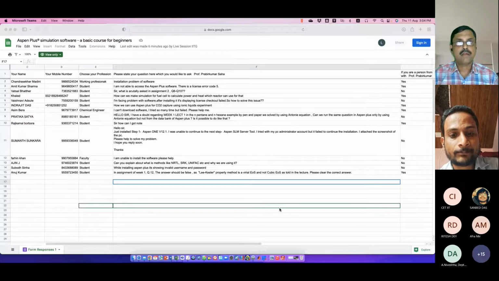By now, you might have noticed that there are two parts in the question paper. In every assignment, there are two parts, part A and part B.